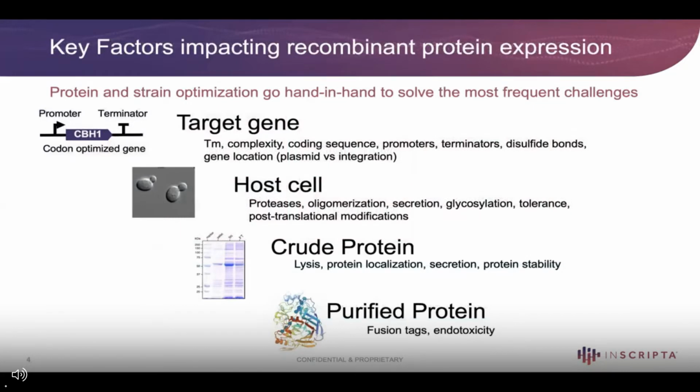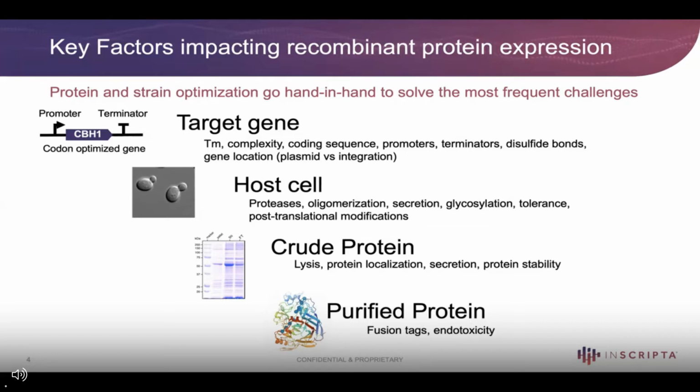So when we think through the actual production of the protein, usually it comes down to a thought process that the individual takes when generating the final protein. That can be in the form of how to create the actual construct itself with the promoters, the gene itself, and that optimization of the coding sequence, which terminators to use.